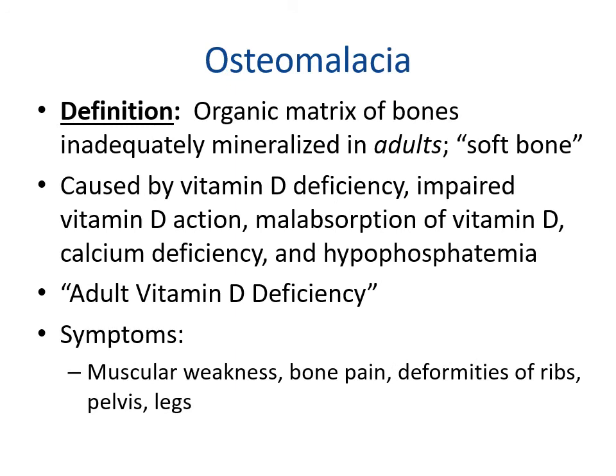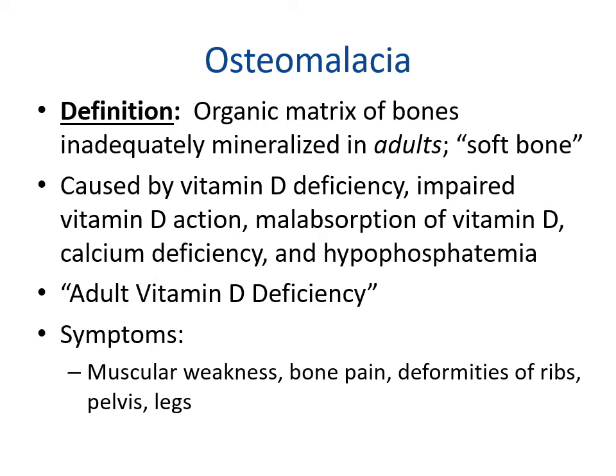Looking at osteomalacia, so looking at the organic matrix of bones, these are inadequately mineralized, but in adults. So we looked at rickets in children, osteomalacia in adults, aka soft bone. And this is caused by a vitamin D deficiency, impaired vitamin D action, malabsorption of vitamin D, calcium deficiency, and hypophosphatemia.